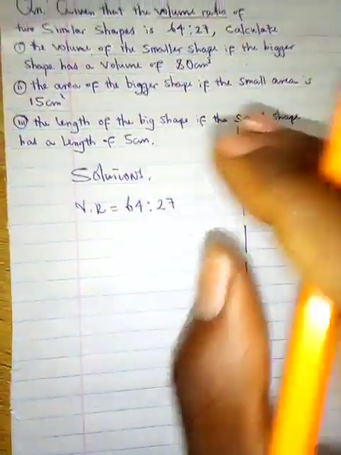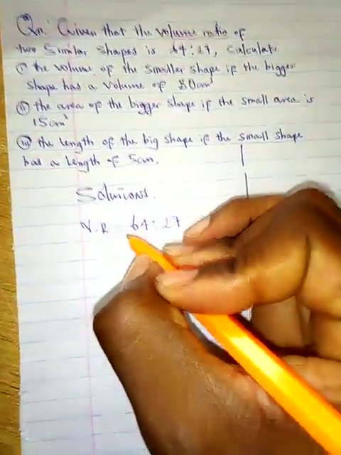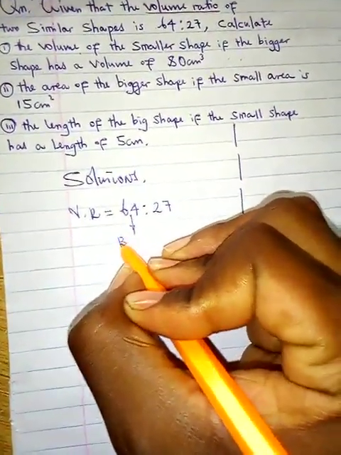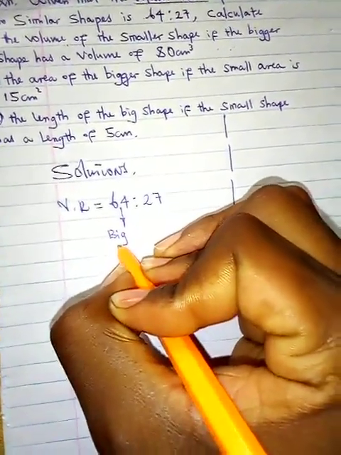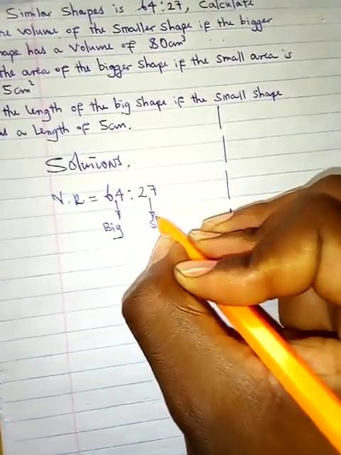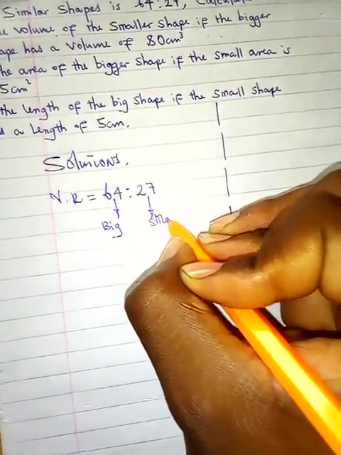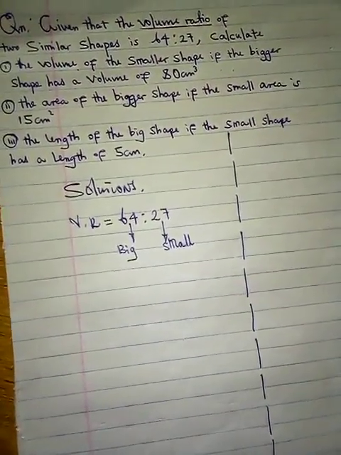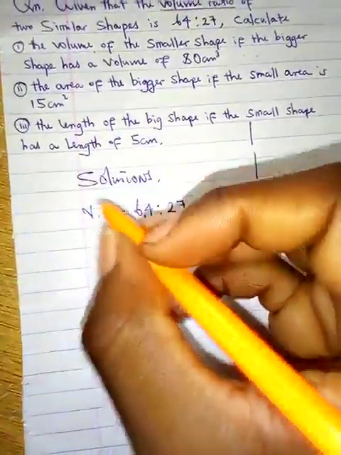So let it just be like that. The 64 is definitely representing the big shape. The 27 here is definitely representing the small shape.